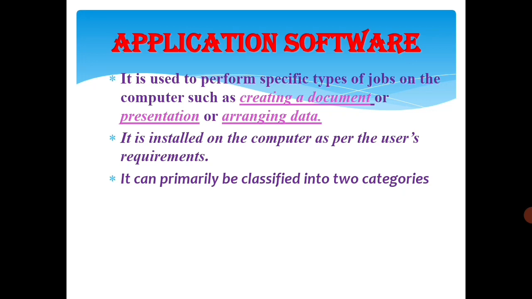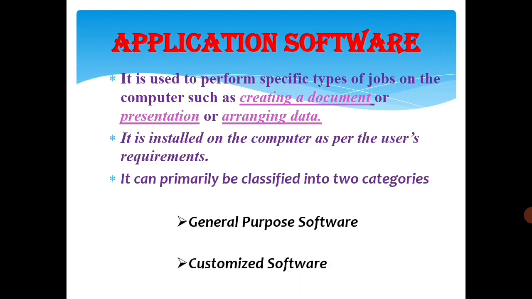The next one, it can primarily be classified into two categories. This application software is divided into two categories. One is general purpose software. The other one is customized software. Application software is used to perform a specific type of job.